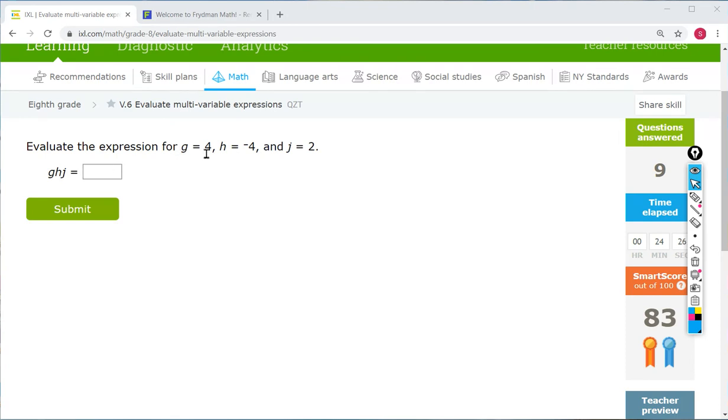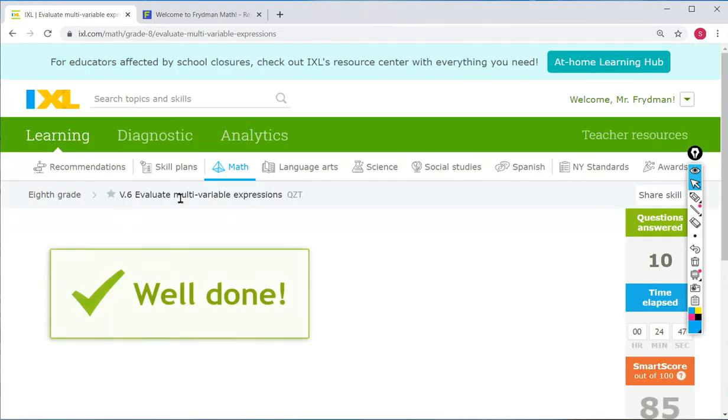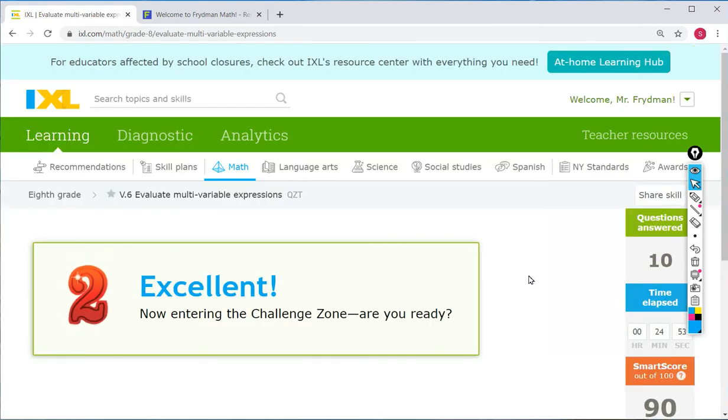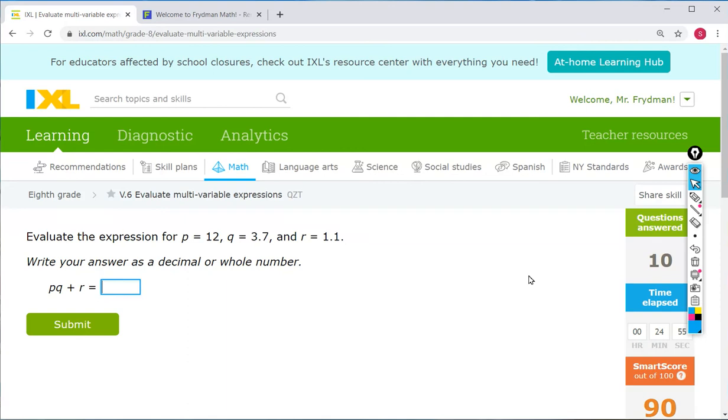Okay, so 4 times -4 would be -16, and -16 times 2 would be, we have a negative times a positive, -16 times 2 would be -32. So let's do that. I just want to see if, okay, it's giving me the same types of problems, so I'm going to jump to the next level. Well, I'm up to the challenge, though. Am I ready? I don't know.